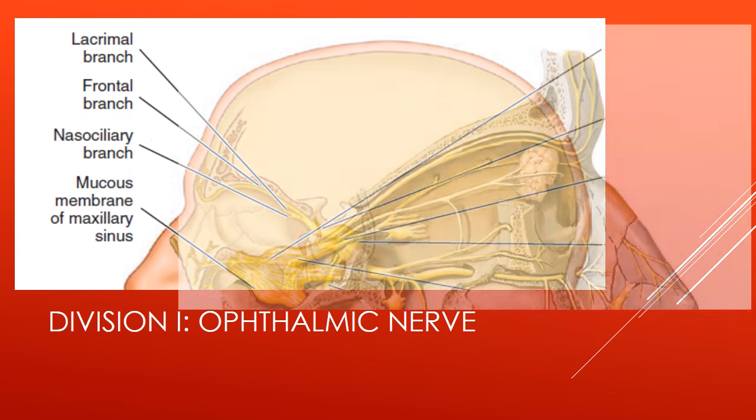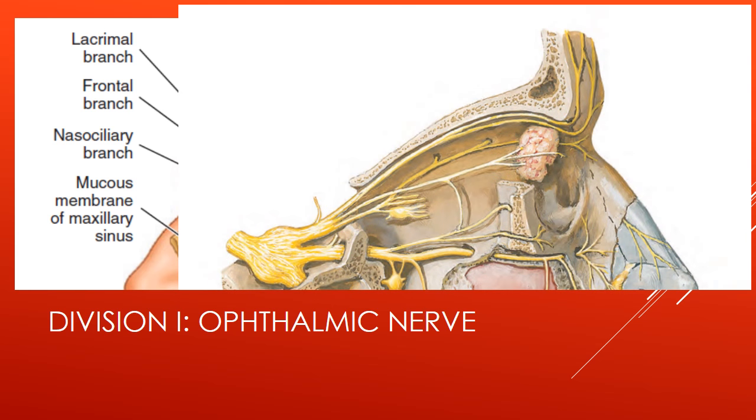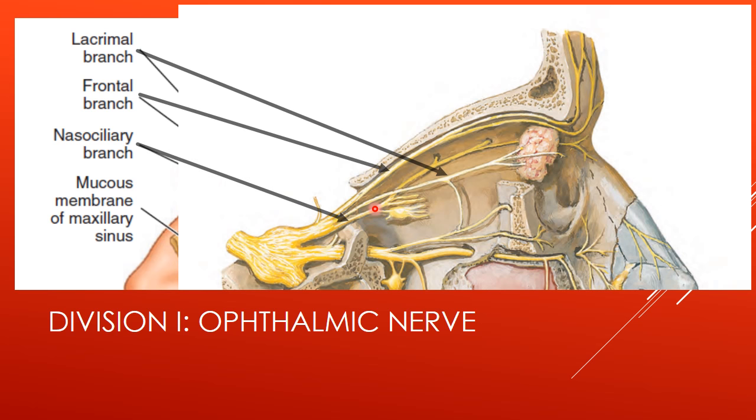This is another picture showing V1 exiting the skull through the superior orbital fissure, giving off its three main branches: the lacrimal branch, the frontal branch, and the nasociliary branch. Again, this division of the trigeminal nerve is purely sensory.